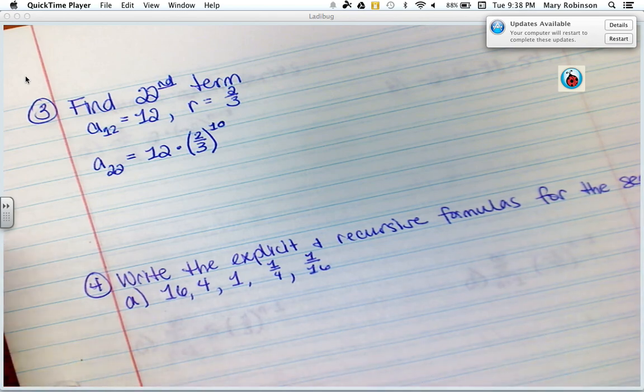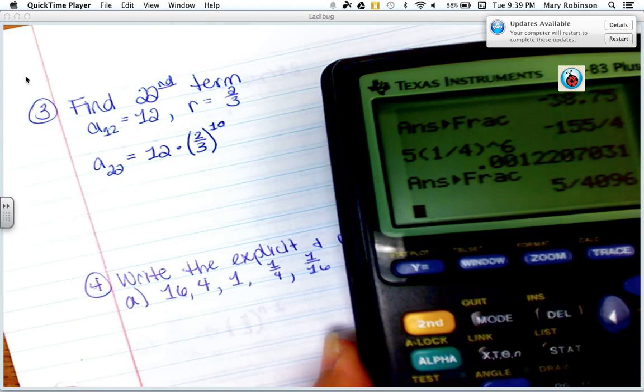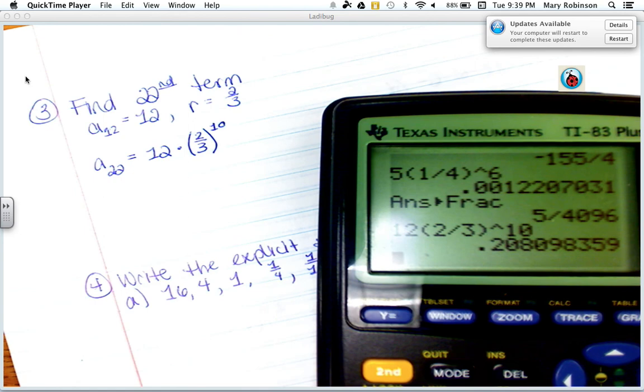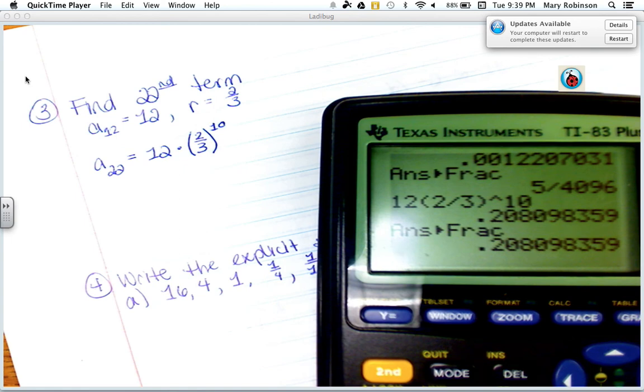So then we type this in the calculator. So 12 times 2/3 to the 10th power. And we're going to get 0.208098359. So let's try to change that into a fraction. Our calculator won't do it, so we'll have to do it ourselves.